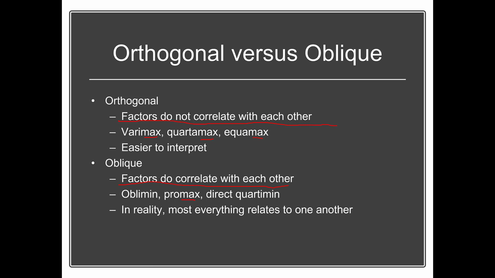What I'll usually do in SPSS is just use varimax as my orthogonal rotation and oblimin as my oblique, to keep it simpler, but there are different reasons to use each of these. I think I took the slide out describing what each of these do, but you can look it up in the chapter. The important thing for you to remember right now is that the factors correlate or don't correlate with each other. When we go through the example, I'll go through the different types.